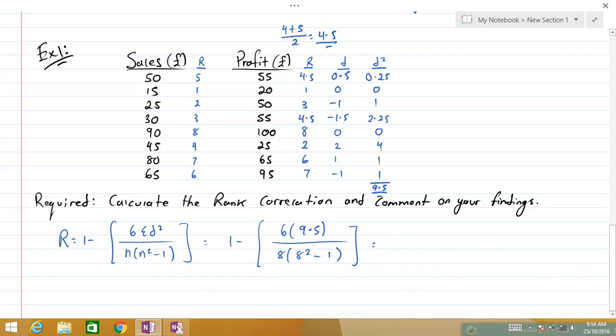So once you get 9.5, put it into the formula. But please guys, don't go and change the 6 here. The 6 is fixed. 6 is in the formula.